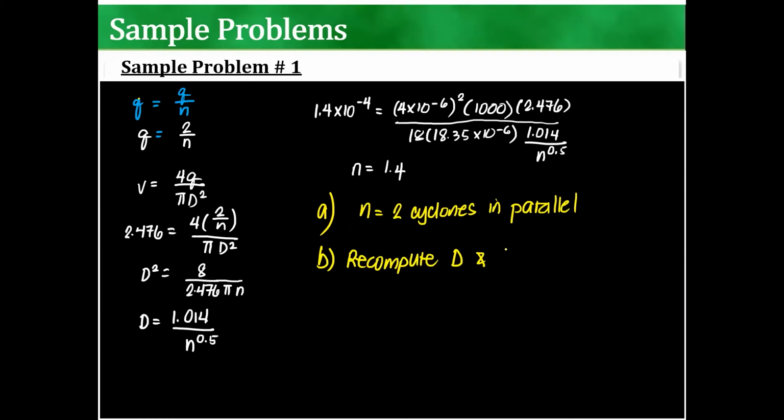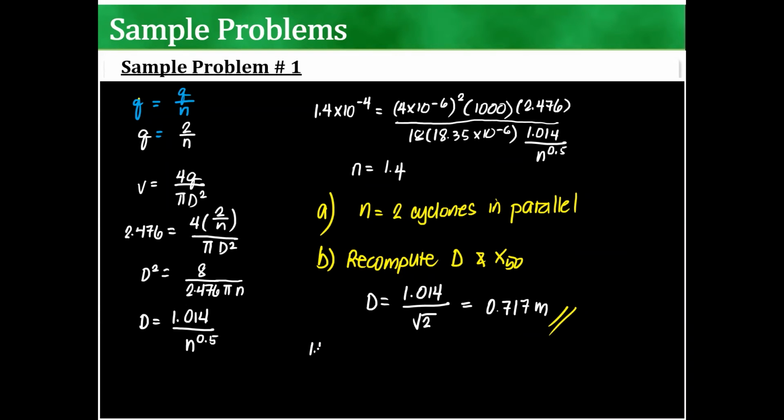So the D is 1.014 designed for two cyclones in parallel. So what's the new diameter? 0.717 meters is the diameter of the cyclone. And then for the X50, let's just use the formula above.